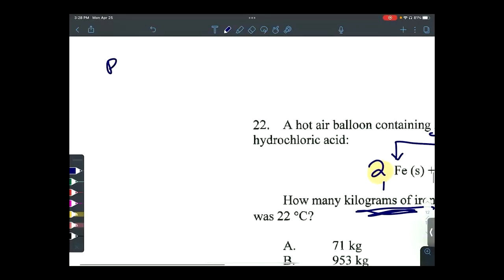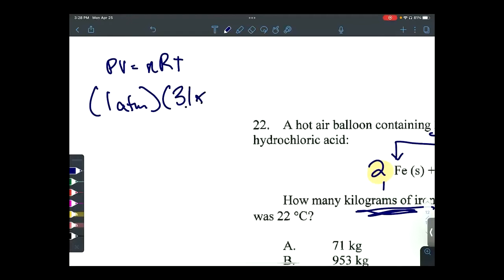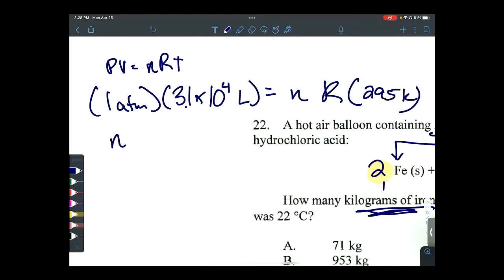So PV = nRT. I plugged in 1 atm, this number, 3.1 times 10 to the 4 liters, equals n, R, and 295 K. And I get that n equals 1,280 moles.